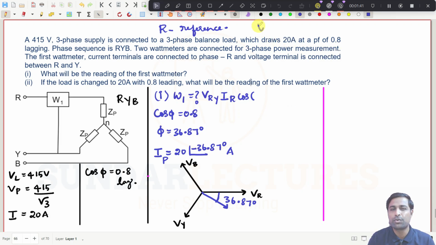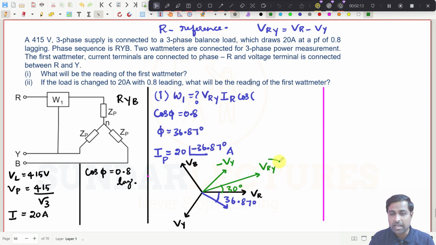I have already told you, I'm just writing it down. V_RY is VR minus VY. We have done this so many times. VR is already here, and you have to go for minus VY. If you draw this, this is V_RY, and this angle is 60 degree, and this angle will be 30 degree.